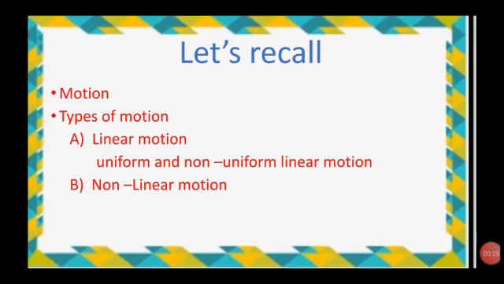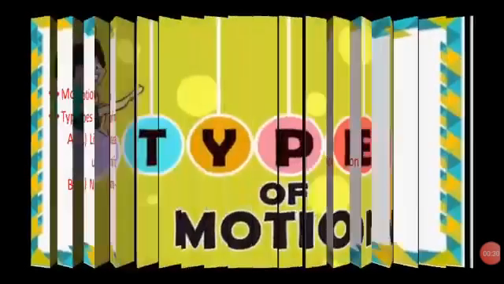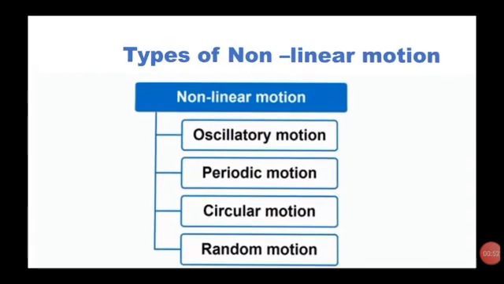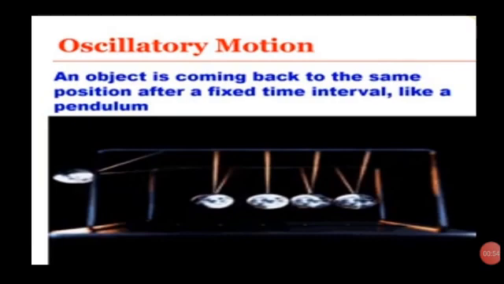So we are going to study types of non-linear motion, that is oscillatory motion, periodic motion, circular motion and random motion. So our very first topic which we are going to learn is oscillatory motion.